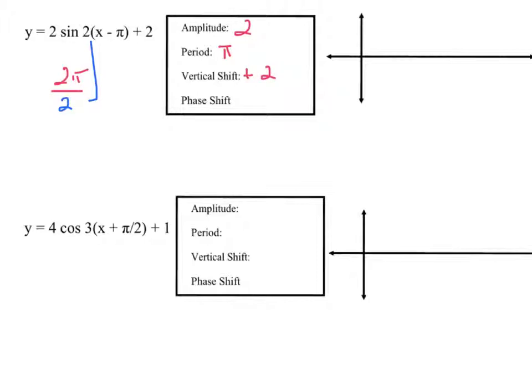The phase shift. Now the phase shift comes from what's in the parentheses here. So x minus pi. And like all the other shifting you did, it always works the opposite. So in this case, because it's subtracting pi, it's actually going to move to the right pi. So like plus pi. I usually even make a little arrow. I just say to the right pi units.